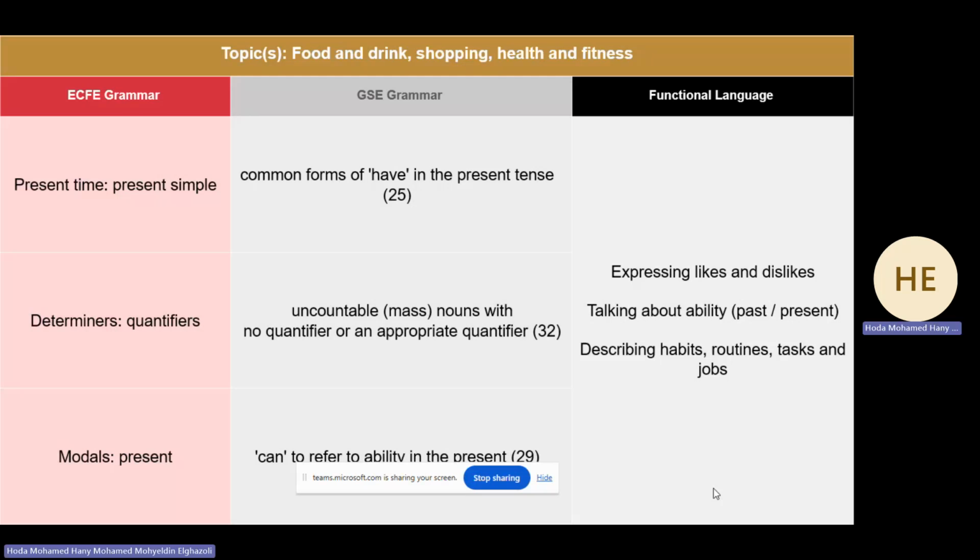As in modals, it refers to how to use can to talk about abilities in the present time. And the functional language targets expressing likes and dislikes, talking about ability, and describing habits, routines, tasks, and jobs.